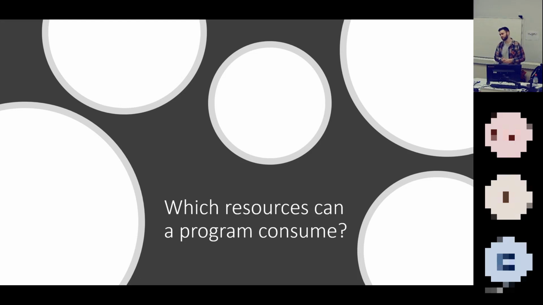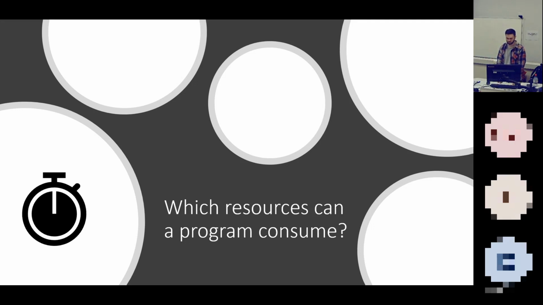Yeah, so memory is an example. We have a finite amount of it and we want to make sure that we're making best use of it as well. Something else? Time, exactly. So memory and time are the two most important things that we want to think about, but we can break these down into different sections, but those are the main two that we want to focus on. So yeah, the first is time.